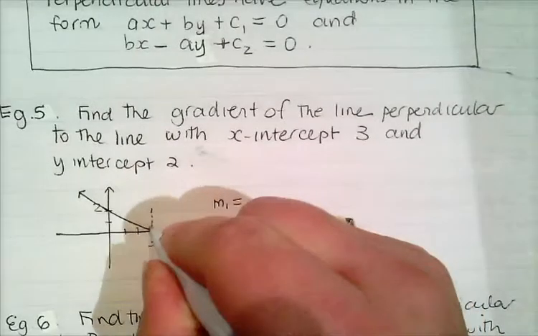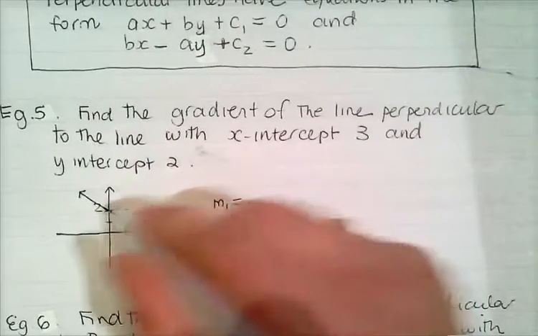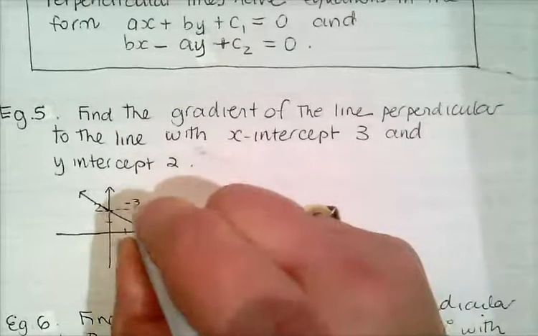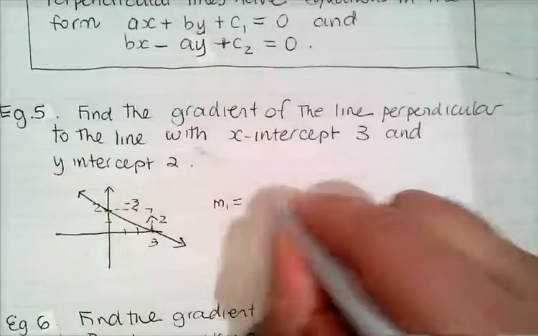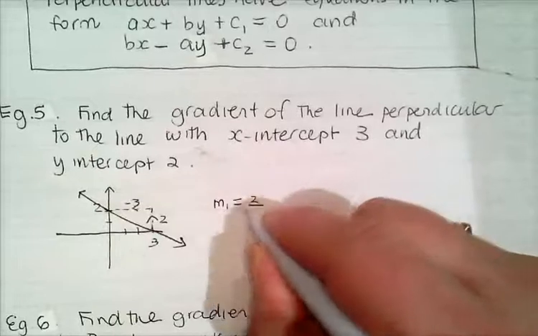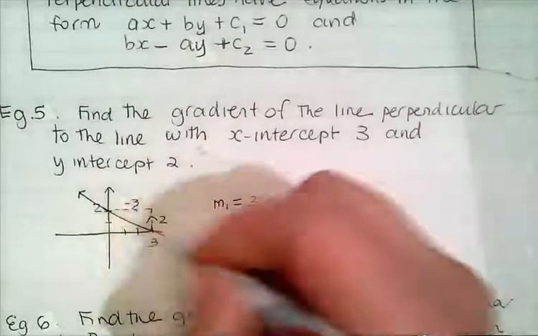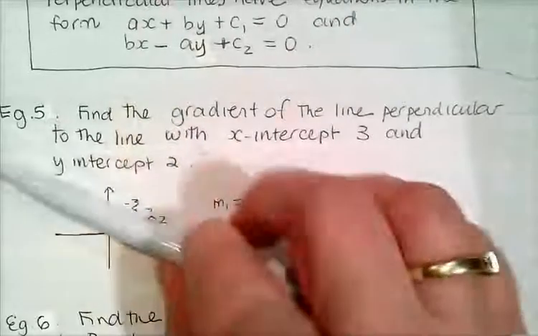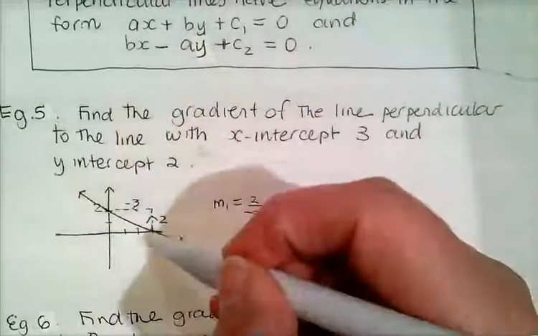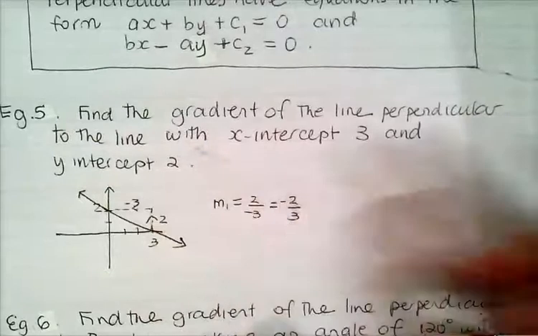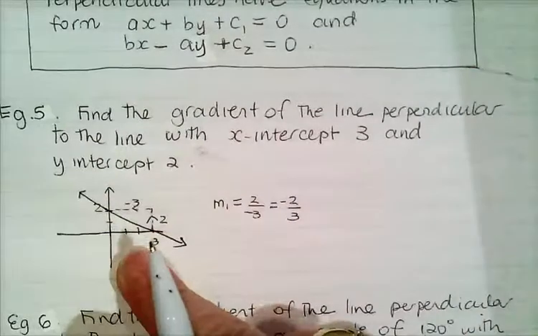Obviously, I have to go up 2 and across 3, but I'm going up 2, and going backwards -3. So the gradient of this line is 2 over -3, or -2/3, okay? Remember, it's a negative gradient, which is why we've got a negative. That's the gradient of that line.